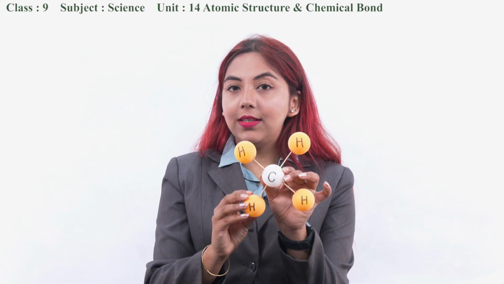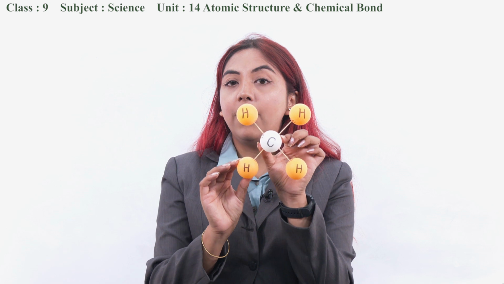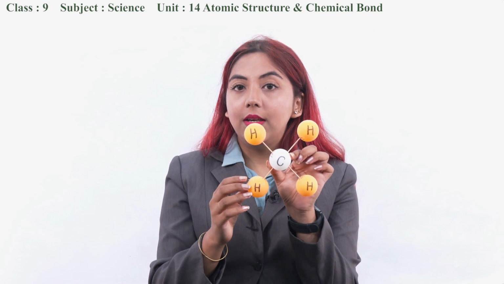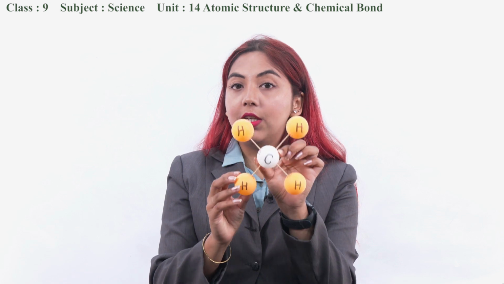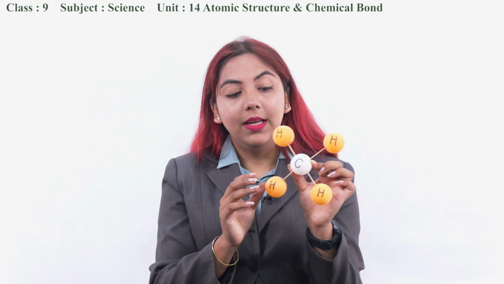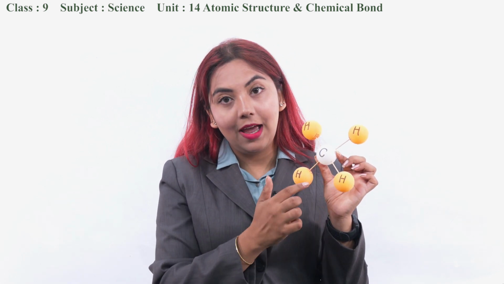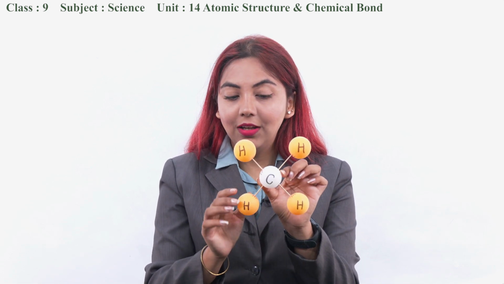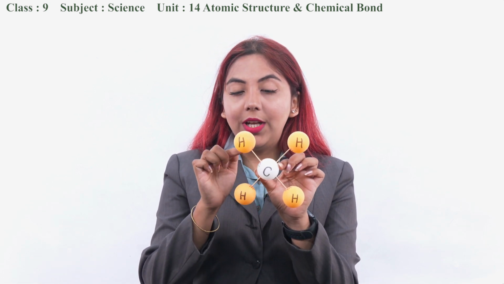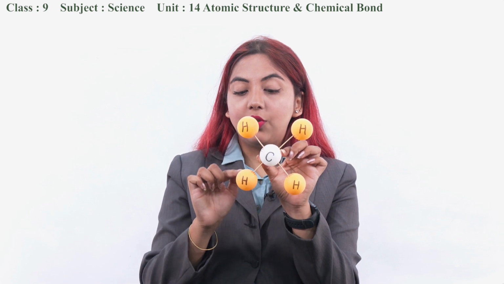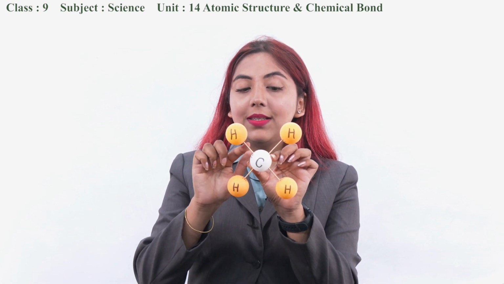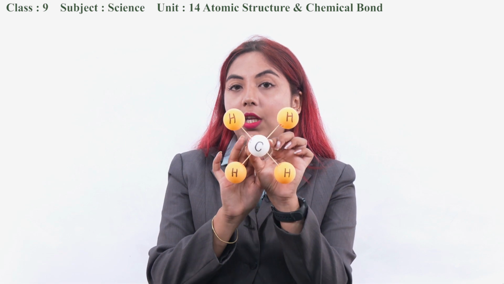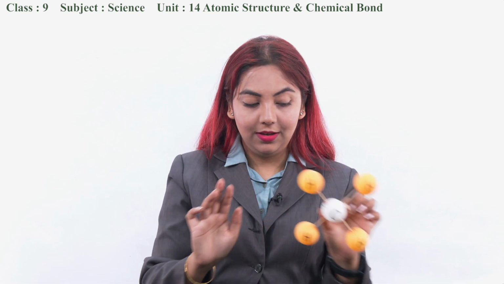Here you can see this is a molecule of a compound, because two different types of elements are present to form this compound, and this compound is CH4. So what is this? Yes, it's methane. Each carbon atom shares electrons with hydrogen atoms, forming a single covalent bond between them. So this is a molecule of the compound methane.